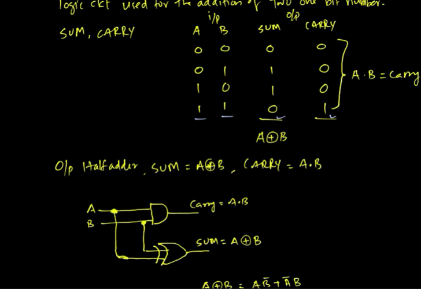In order to add this third bit to A and B, we have to consider this carry. This carry has to be added with the third variable. That is not possible using a half adder. That's why it is called a half adder. The carry in from the previous addition cannot be accepted by that circuit.